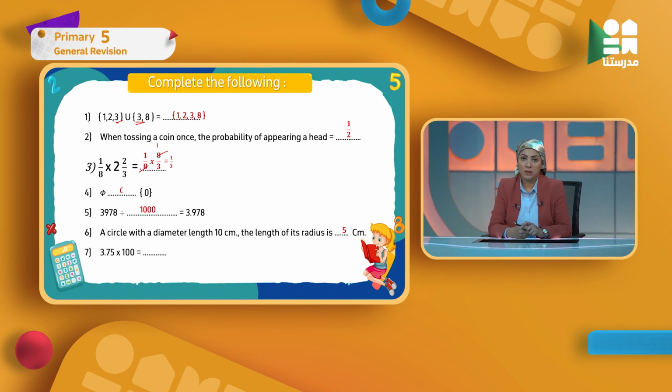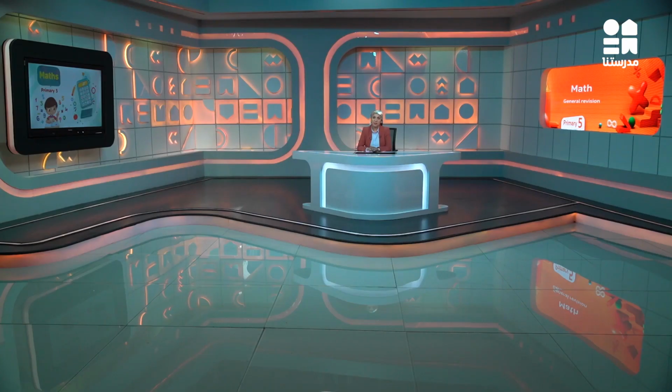The last one, 3.75 times 100, I move the decimal point to the right hand side. How many places? Here I have 100, so I move it 2 places, so it will be 375.